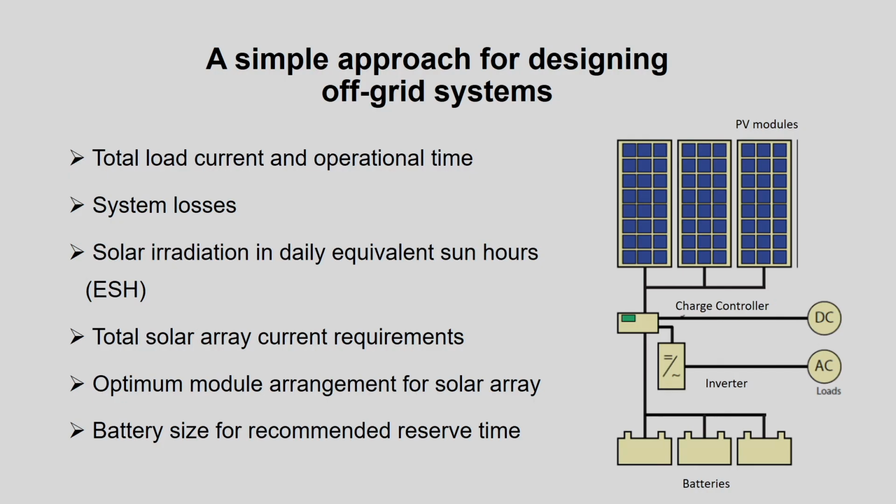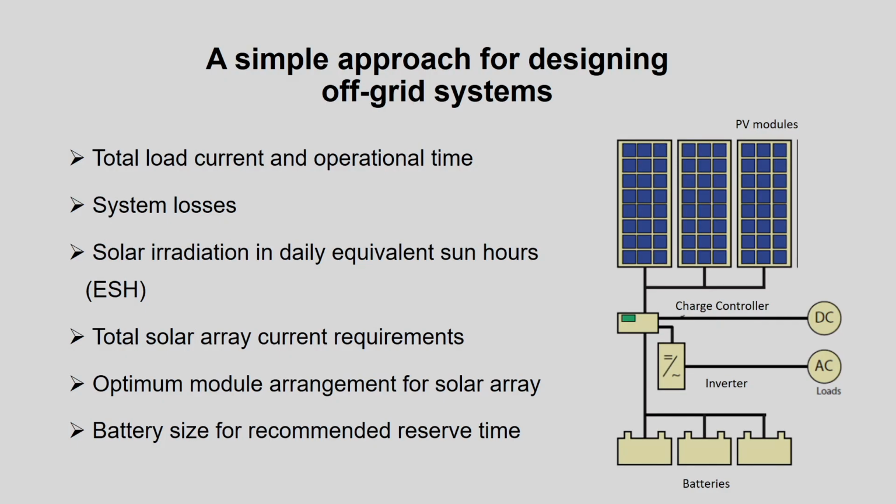Then we determine the total solar array current requirements, the optimum module arrangement for the solar array, and finally the battery size for the recommended reserve time. Configurations are something like this: modules, charge controller, DC load, AC load, inverter, and batteries.